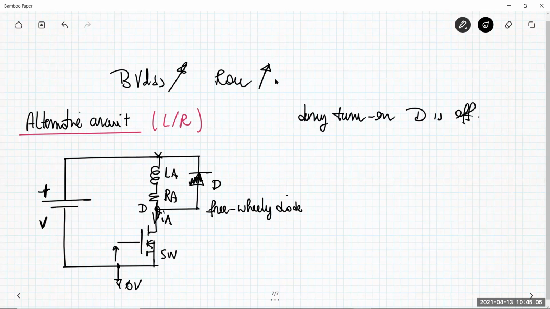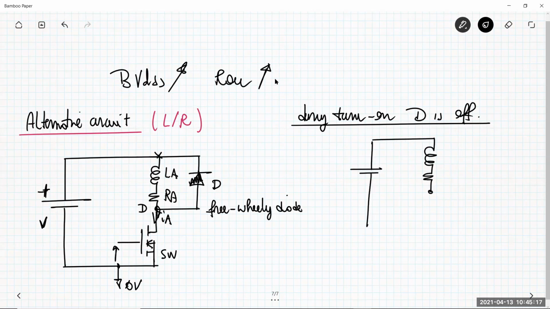So the circuit that you have at the turn on is exactly the same circuit we previously analyzed, the circuit without the diode. So we have the same usual behavior of the current flowing through the phase.